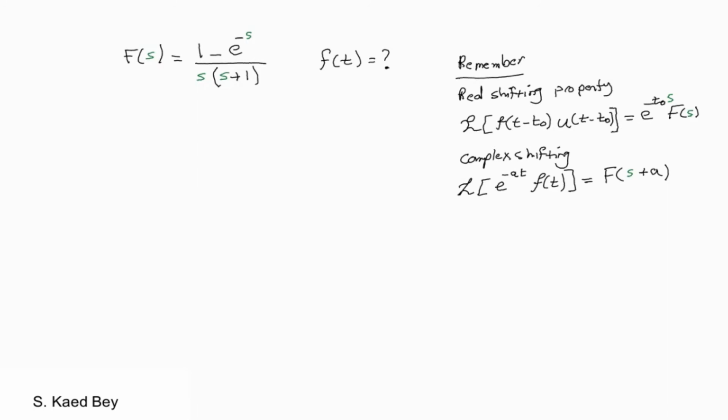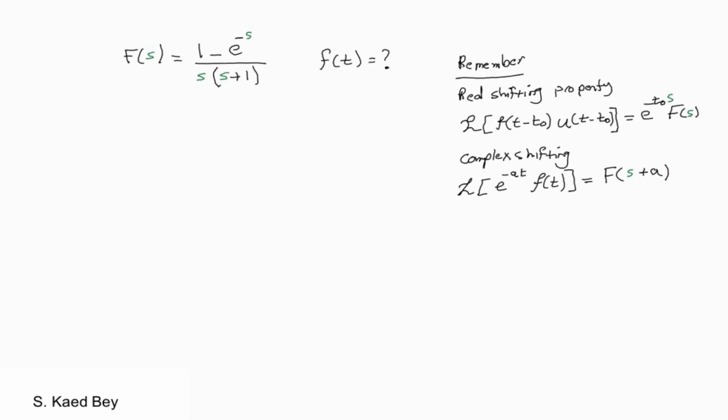However, the complex shifting property tells us that if you have e to the power of minus a t multiplied by your function f of t, then you will arrive at a shifted transform with the opposite sign of a.